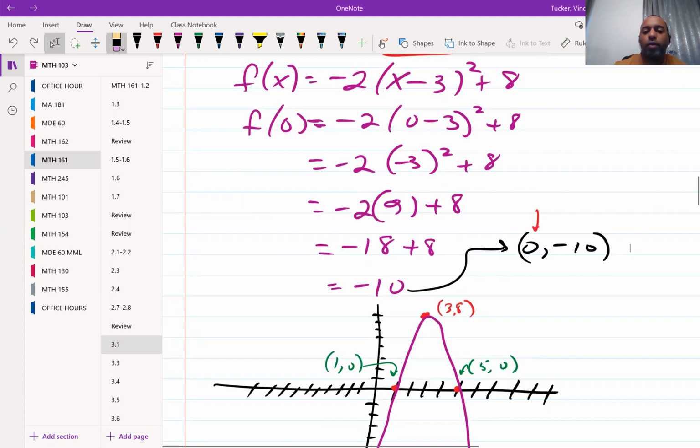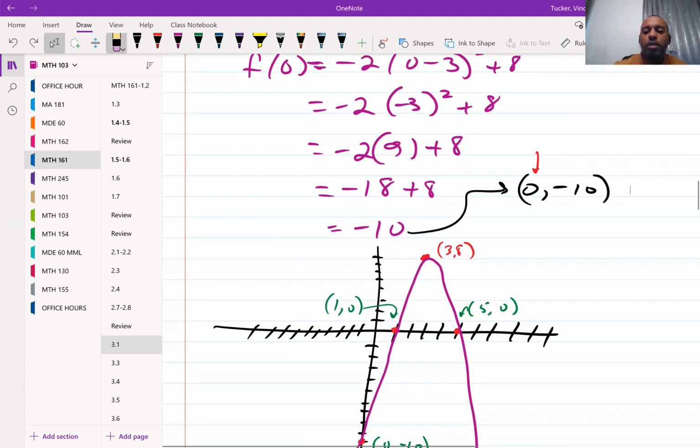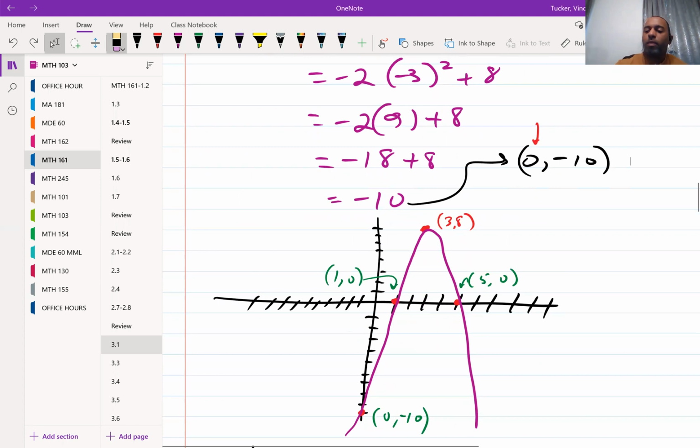Scrolling up, and then if you graph those points, you'll get a rough sketch of your parabola.